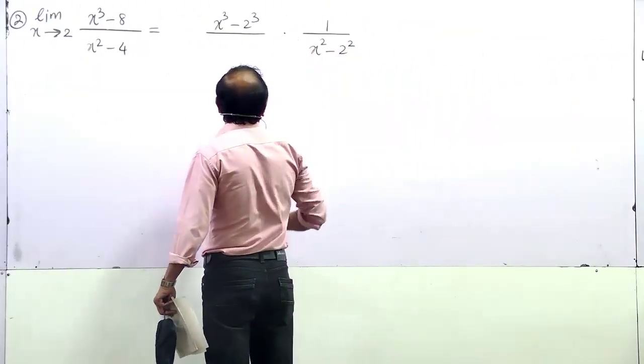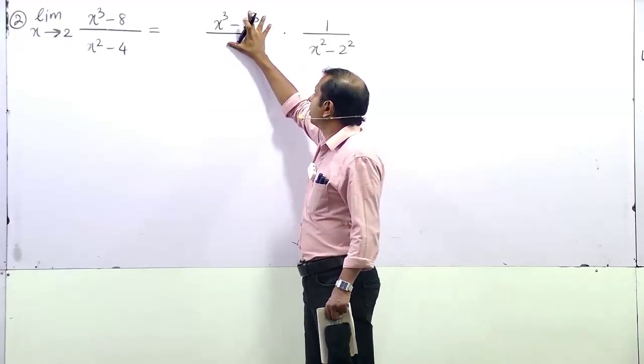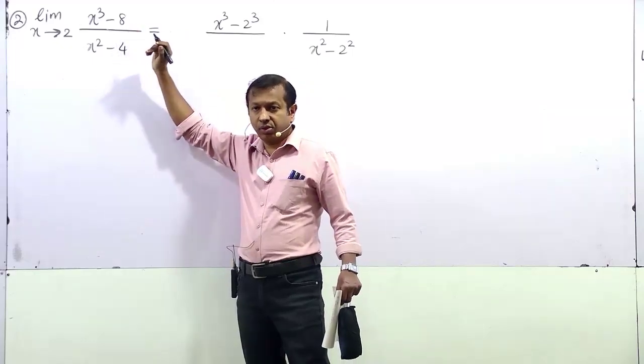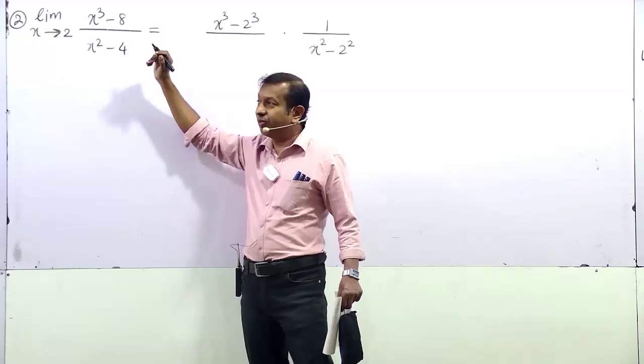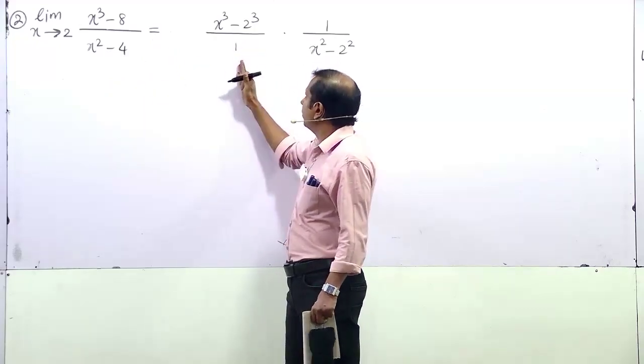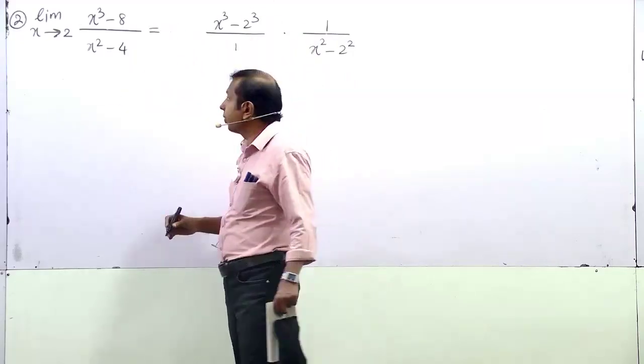Here we have a product. Then really this right hand side is the same, no? Yes, no doubt, the same thing. If I write 1 into this, the same thing comes here.